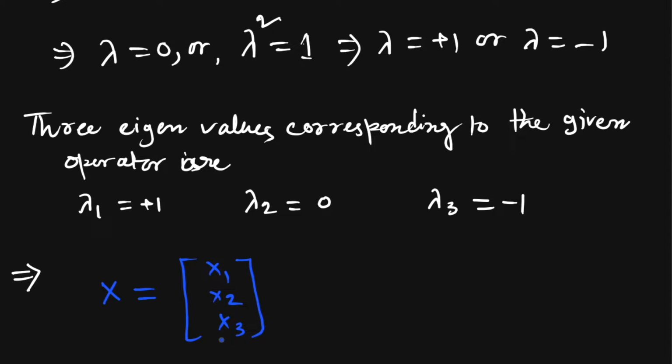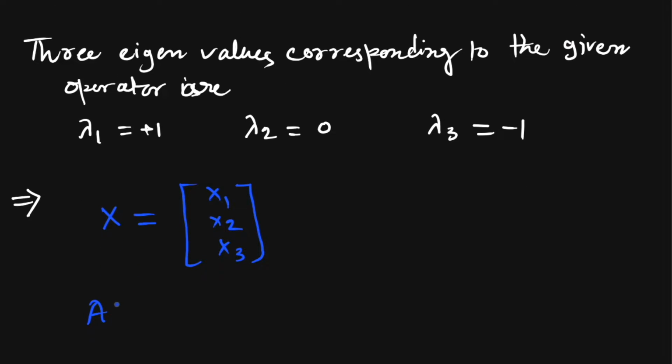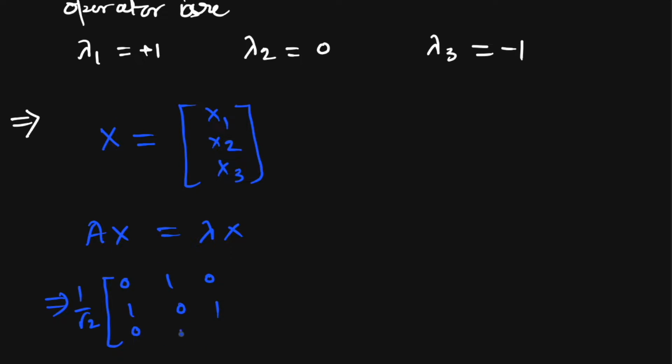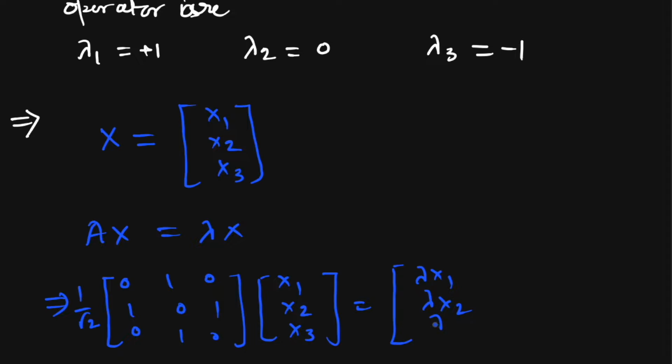That means Ax should be lambda x, which means 1 by root 2 times the matrix 0 1 0, 1 0 1, 0 1 0, multiplied by x1, x2, x3 should be equal to lambda x1, lambda x2, lambda x3.